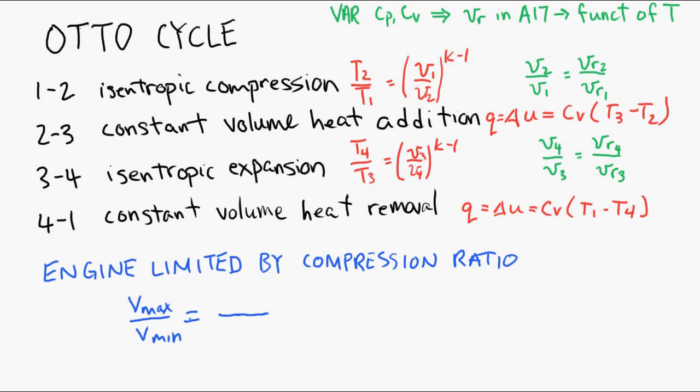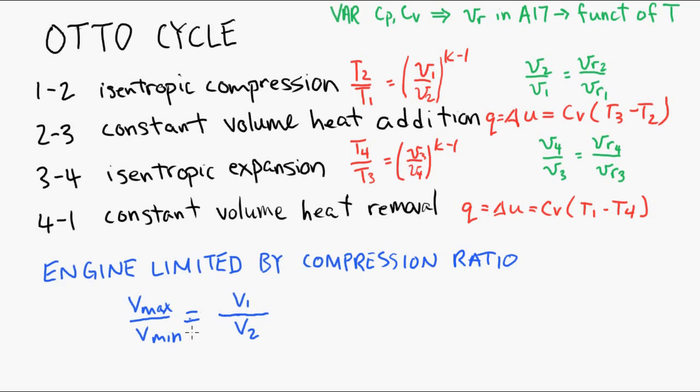Now, the engine performance is limited by what's called the compression ratio. As we mentioned previously, that's equal to the maximum volume over the minimum volume in the cylinder. Or in other words, that is V1 over V2.